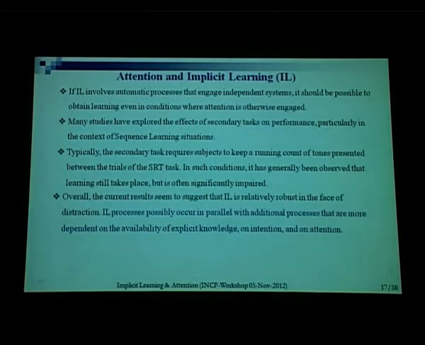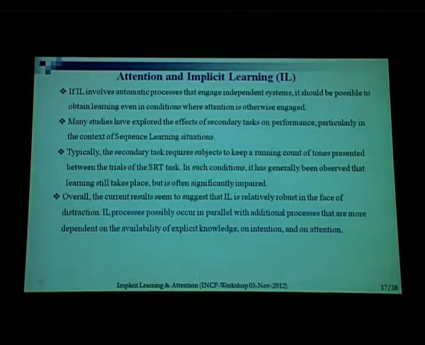Now the current literature is very equivocal about the role of attention. Overall, the position people have taken is that implicit learning is relatively robust in the face of distraction. Many studies point this out: implicit learning processes perhaps occur in parallel with additional processes that are more dependent on the availability of attention, intention and so on, right?